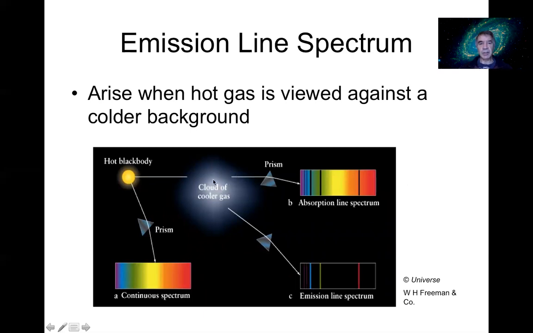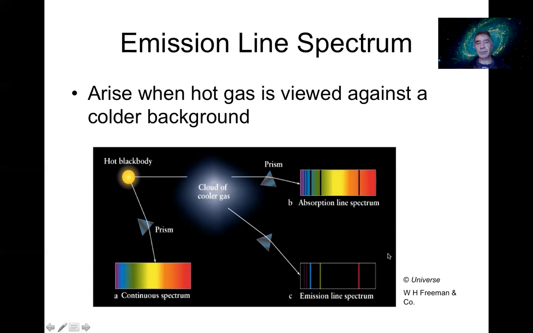So the idea in stars where you've got cooler gas in the atmosphere against the hotter interior of the star, that gives you an absorption line. Now we're viewing along this angle, so there's no background from this line of sight, but we've got this cloud of gas. Even though it says cooler here, it's still hotter than the background of cold space. So that will give us an emission line spectrum.